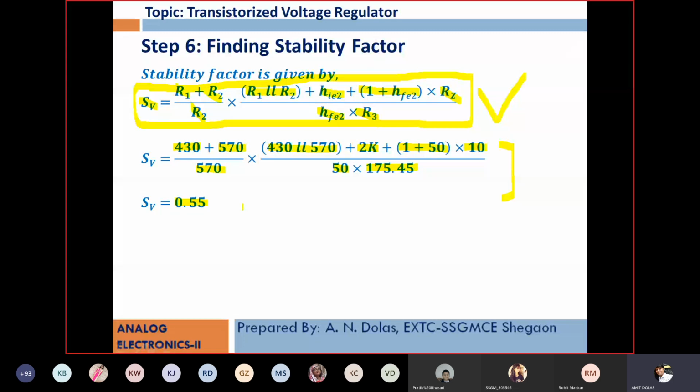So suppose in a certain problem it is given, now what is the stability factor here? The calculated stability factor is 0.55. There is no unit. Okay, 0.55, and if in the problem statement it is given that a stability factor of 0.025 is required, or a stability factor less than 0.4 is required, then what to do?